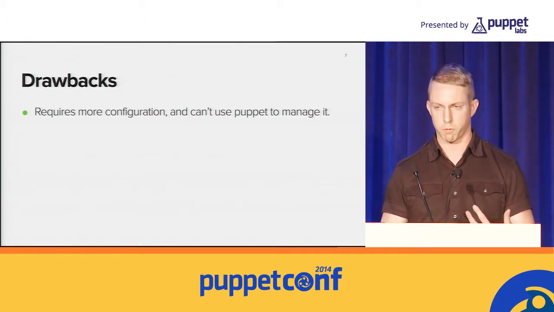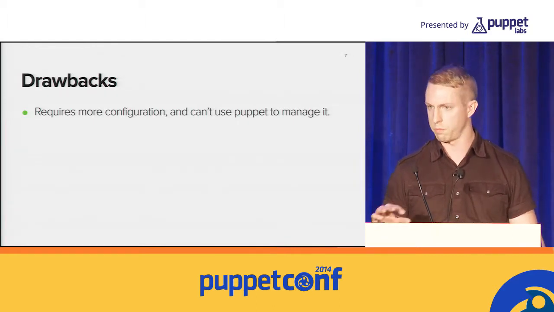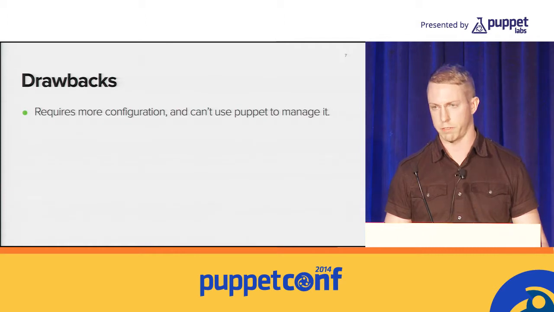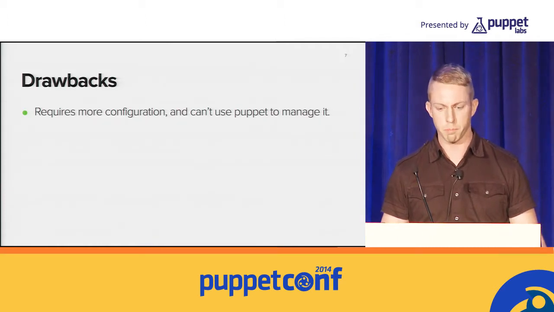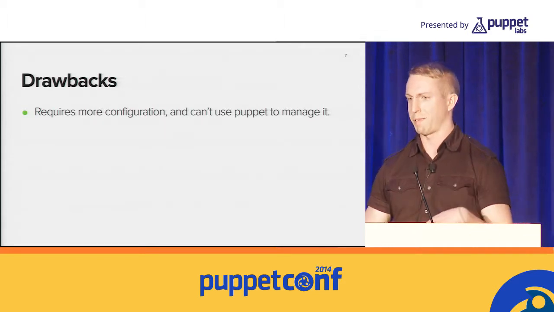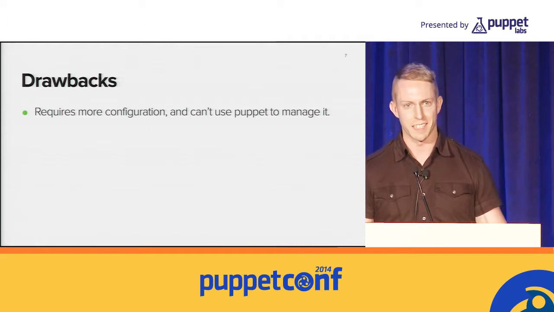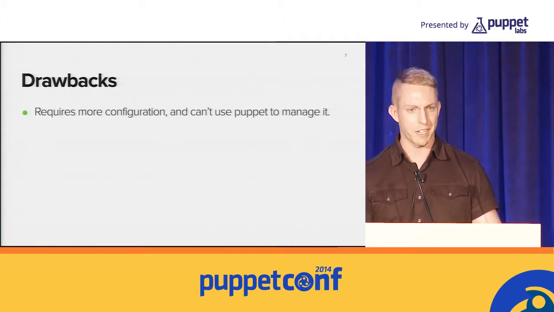So that's 2 config files, both the PuppetDB.conf and the routes.yaml to specify that it should send facts and so on to PuppetDB. And as this is configuration Puppet needs to run, you can't use Puppet to manage this configuration. So you have a bit of a chicken and egg problem there.